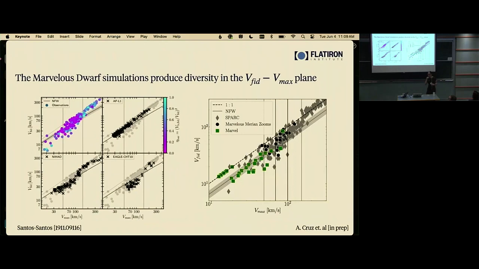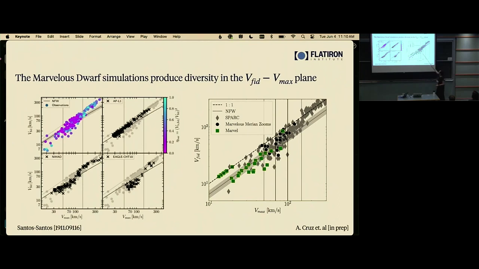Okay, so how are we looking in the VFID Vmax plane? So the black points are the CDM zoom simulations, and the green is a Dwarf volume, so dwarfs from a Dwarf volume. And if you look below 100 kilometers per second, you see that we are producing both objects. This is NFW.